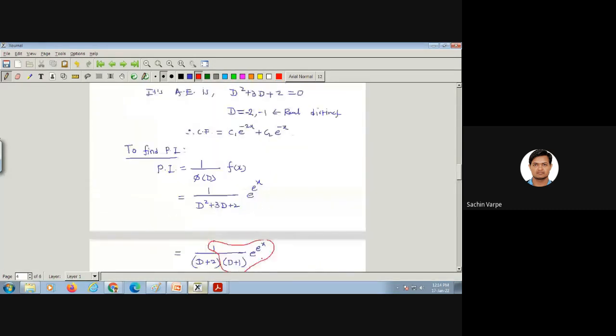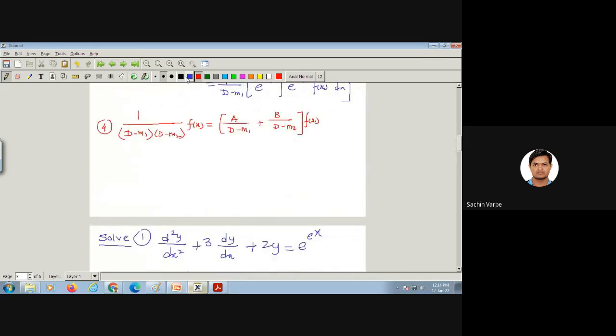This general method is generally used when, the note I'm writing here: this method is used when the right hand side function is of the form composite function or a rational function.